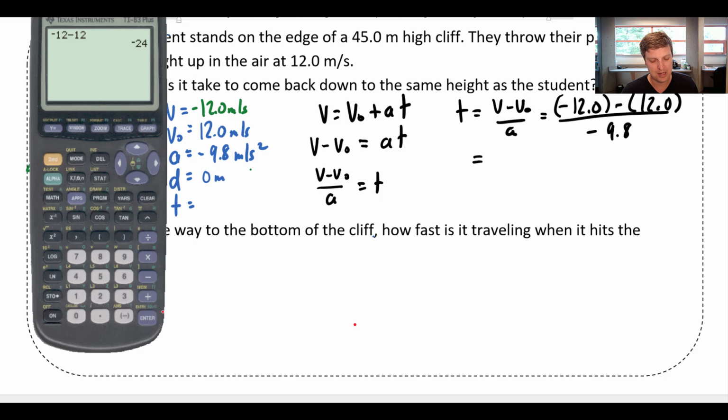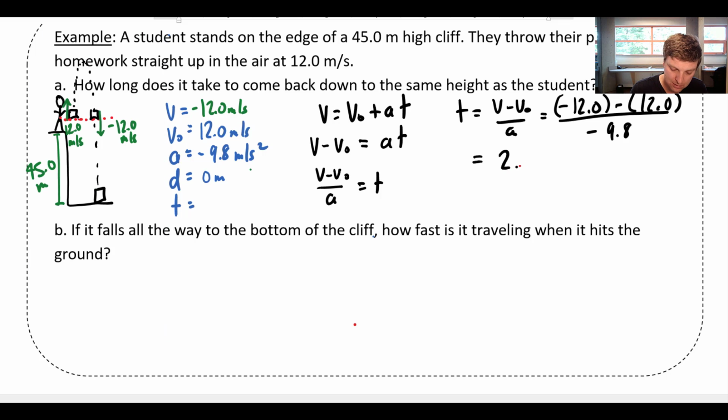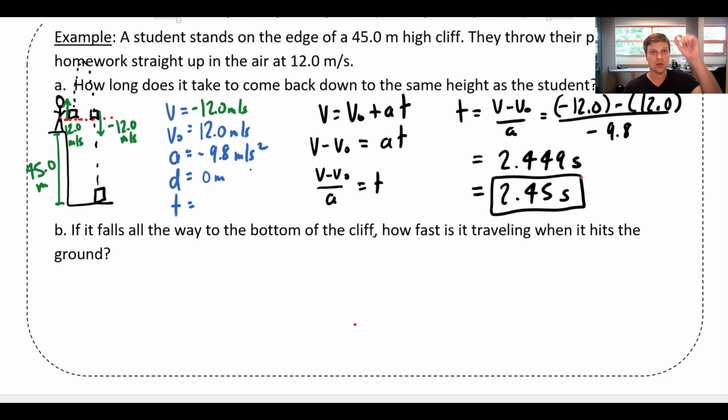I should have done that in my head. And now I'm going to divide that whole thing by negative 9.8, and so I get 2.449 seconds, which if I round off to, I guess, 3 sig figs, would be 2.45 seconds. So that's how long it takes to go up and then come back down to the same height.